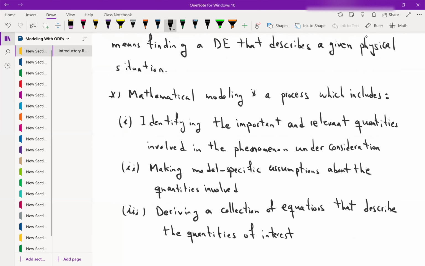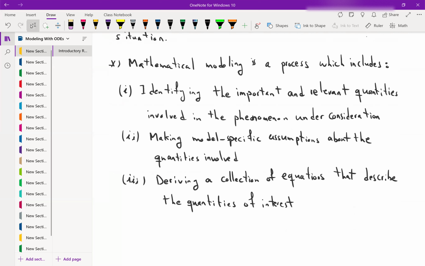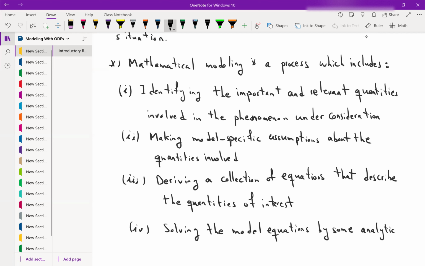And of course, once you have your equations, the next step is to solve the equations, either finding the exact solutions or finding approximate solutions. So, solving the model equations by some analytic or numerical method.